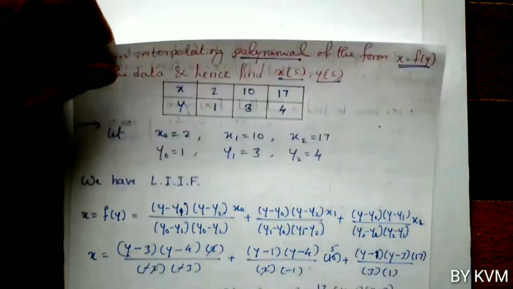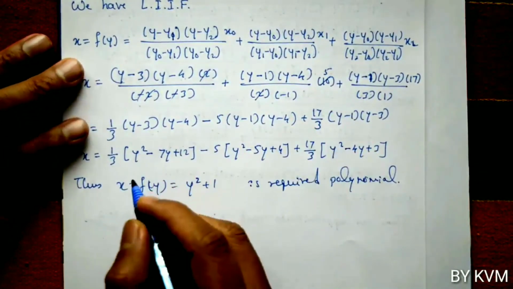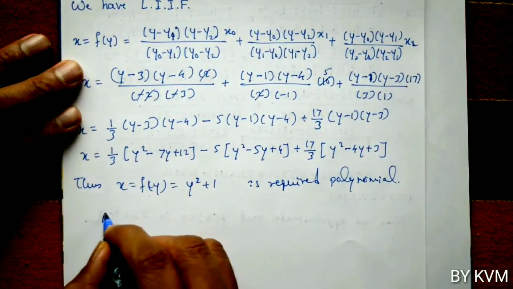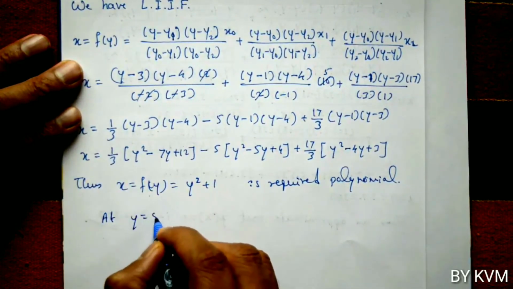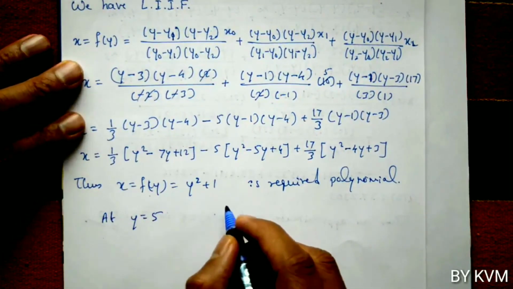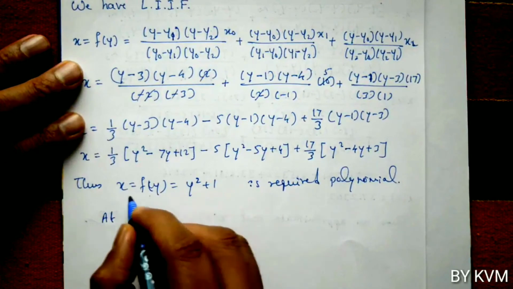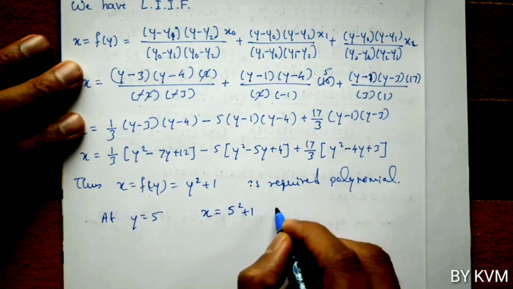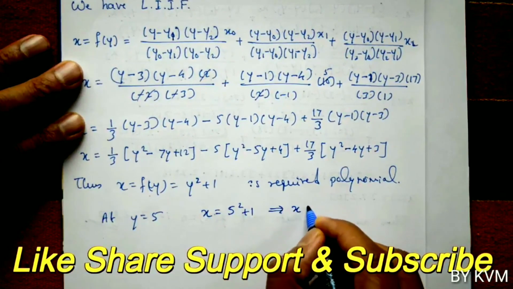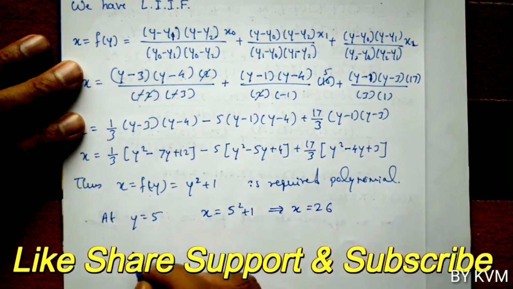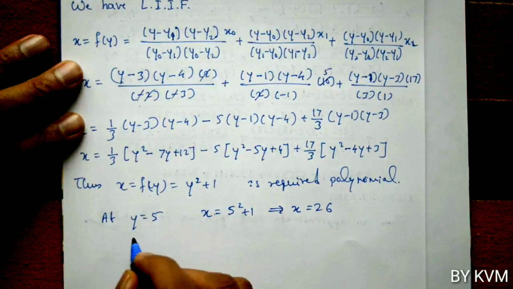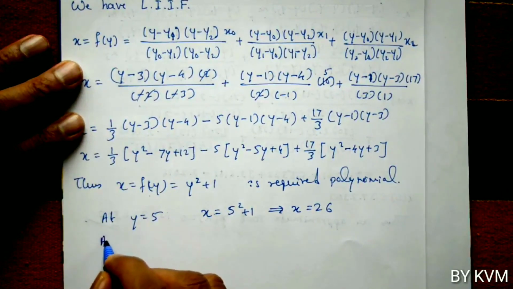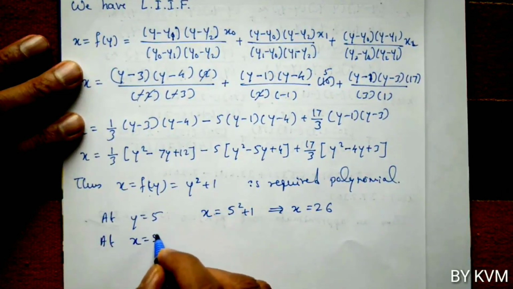So now we have to find the values of x of phi and y of phi. x of phi means the value of x when y equals 5. So at y equals 5, x value is 5 square plus 1, so x is 26. Now y of 5 means when x equals 5, we have to find the value of y.